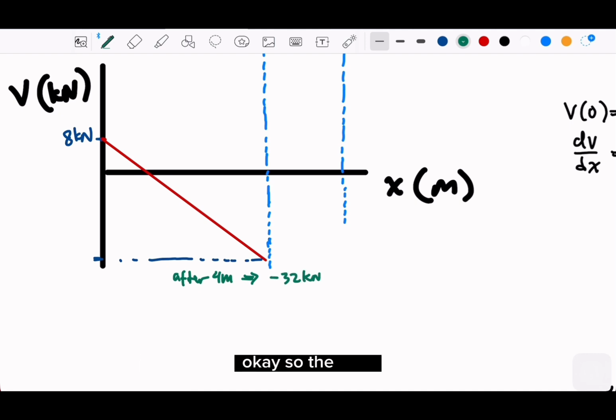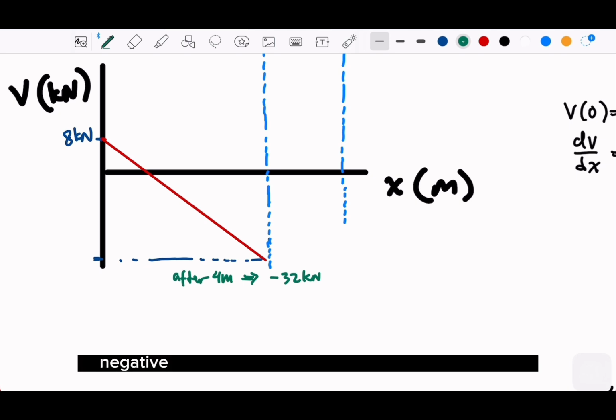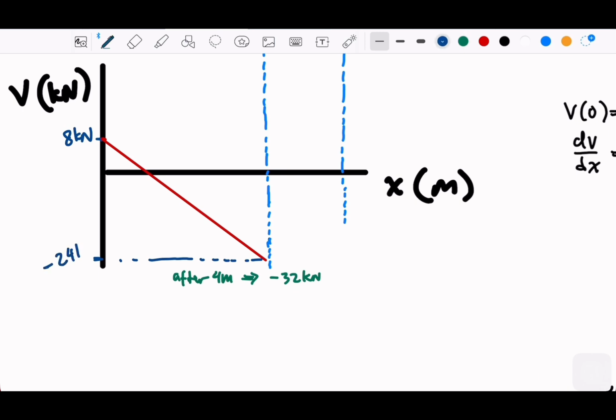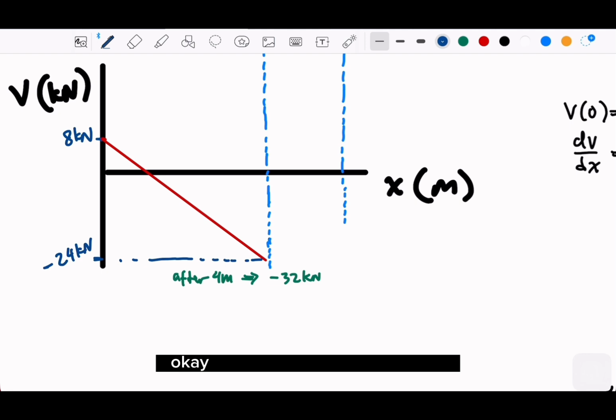Okay. So the total, negative 32 plus 8, is negative 24. So this will be negative 24, because the distribution has already reached the 4 meters at the B. So the number here is negative 24.